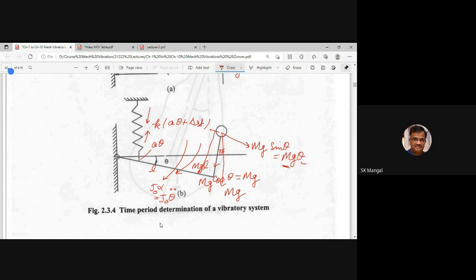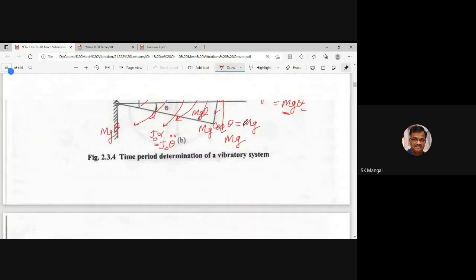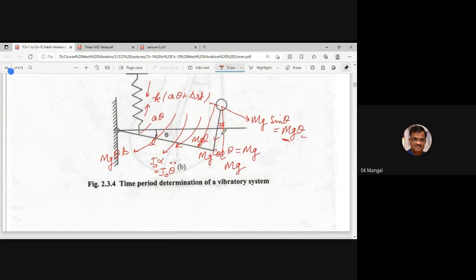This is again in the clockwise direction, given by mg theta into b. And then the spring moment about the point O is given by k (a theta plus delta st) into a.